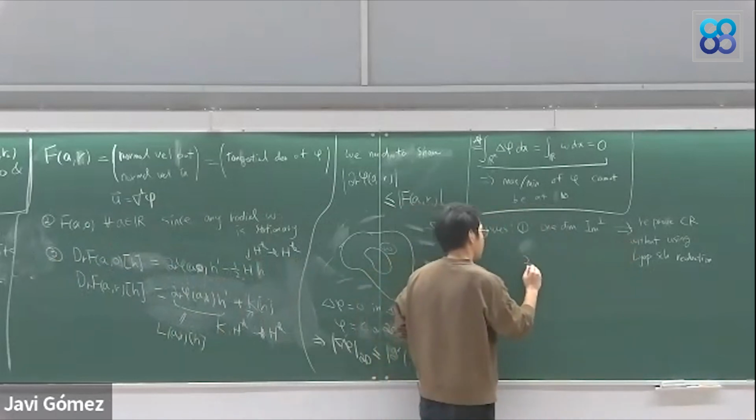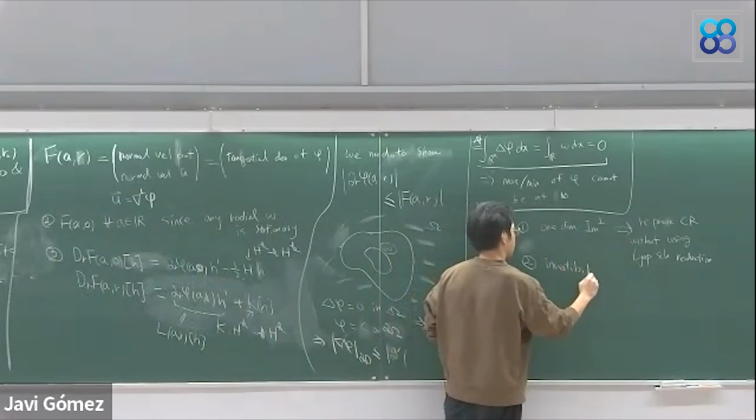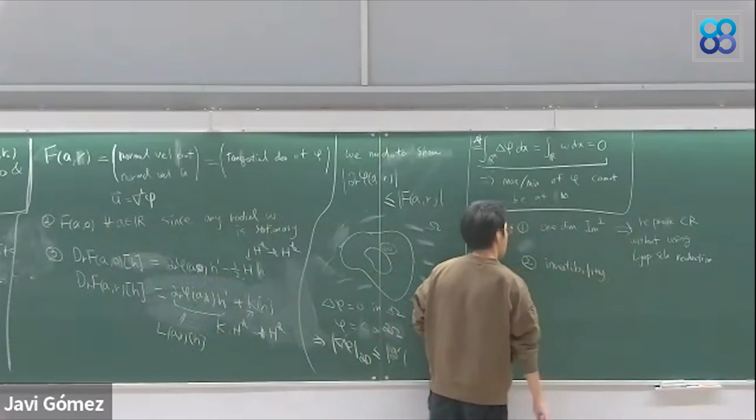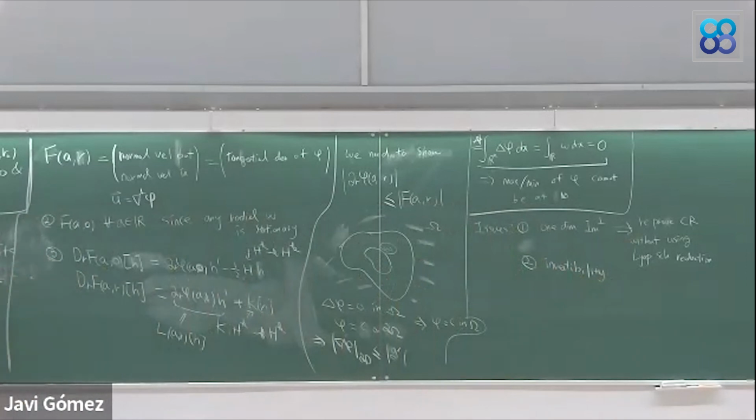And the second is about the invertibility of the operator. That will be clearer afterwards, but when you look at this linearized operator at the point a star comma 0, at a star comma 0, f is 0.